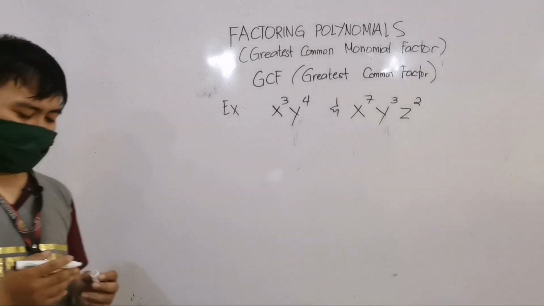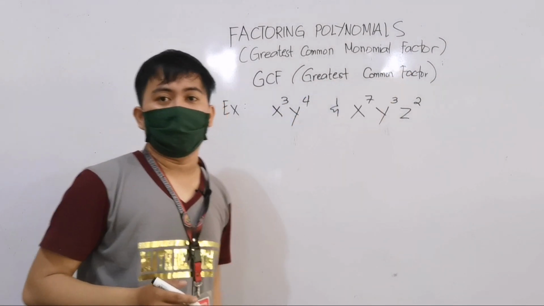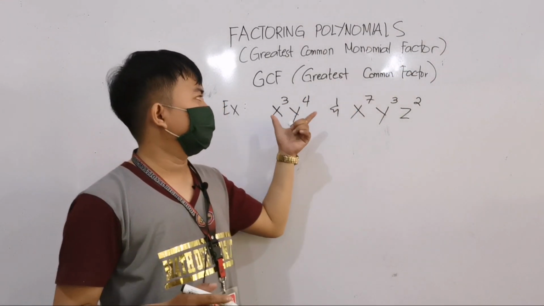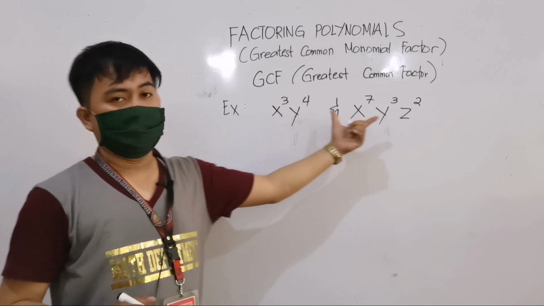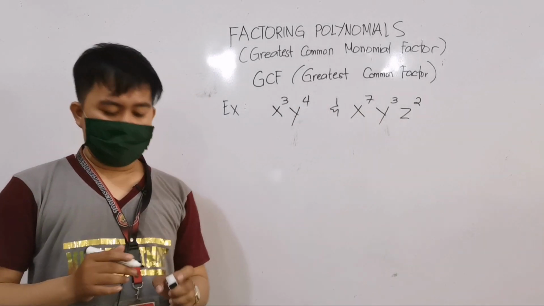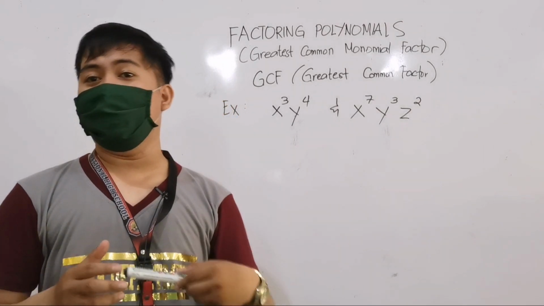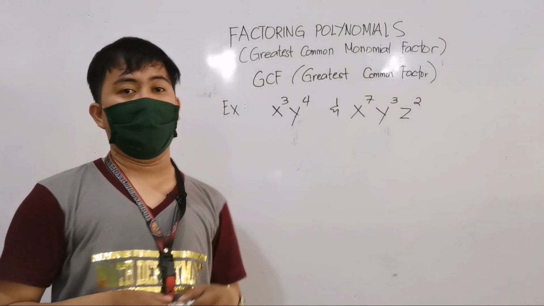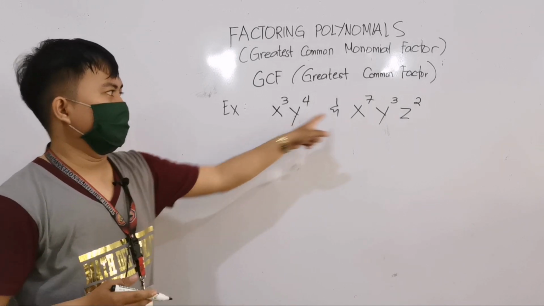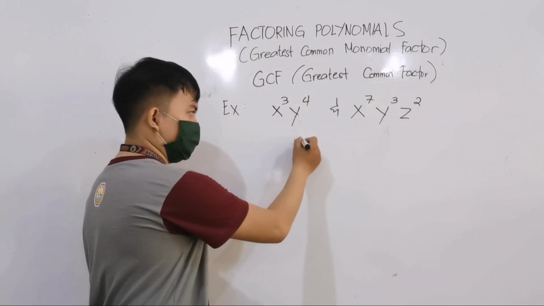Okay. Ano po yung greatest common factor ng polynomials nito at nito? Okay. Ang una pong gagawin, tingnan po natin kung ano-ano yung mga variables na common sa dalawa. X is common. So, isusulat po natin yan.